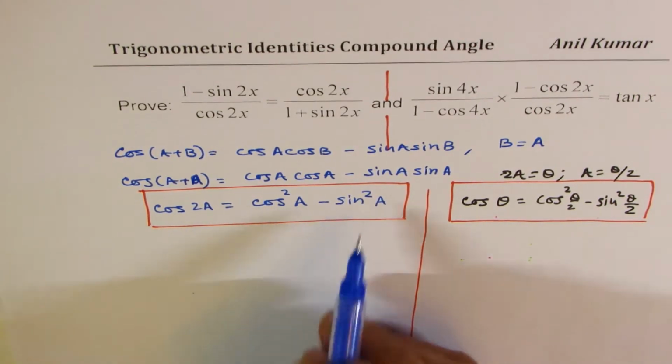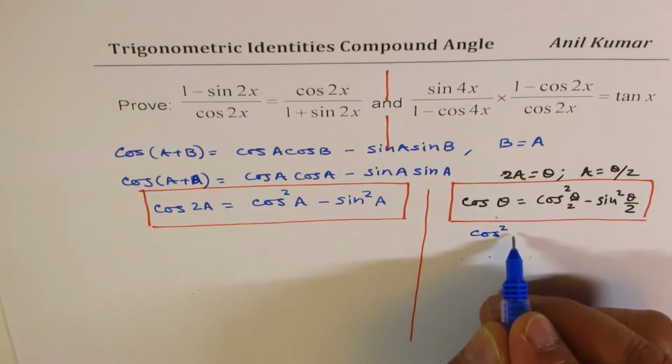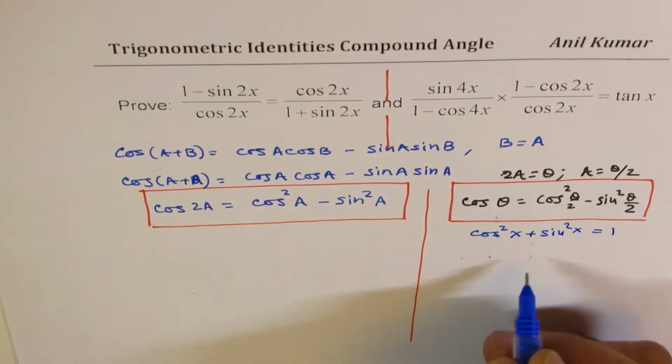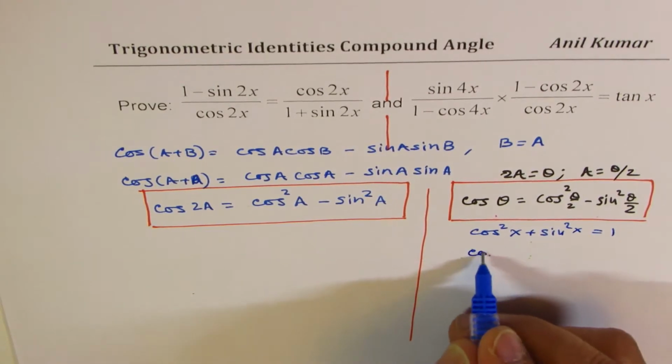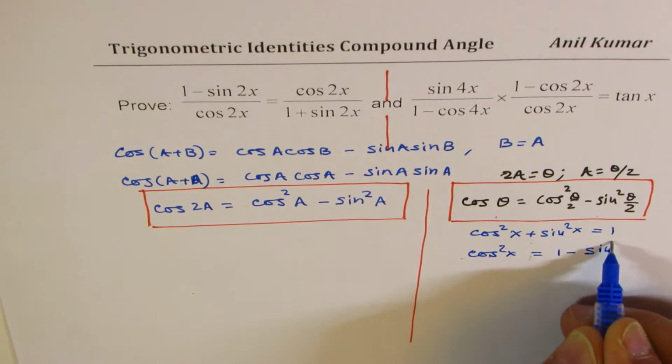We could write it in three ways using the identity that cos square x plus sine square x equals 1. And that really means that cos square x could be written as 1 minus sine square x, correct?